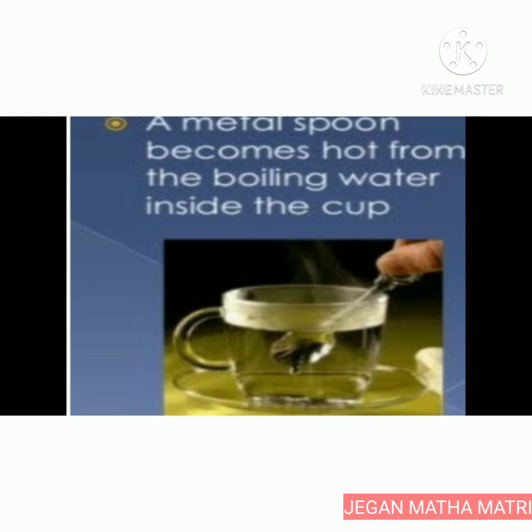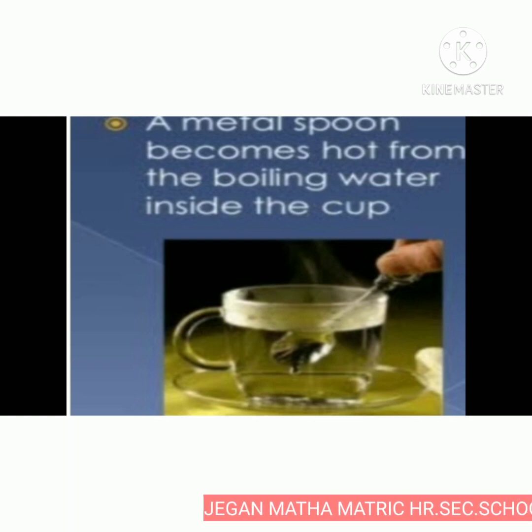In solid substances such as a silver spoon, atoms are arranged very closely. Hot water molecules which are vibrating transfer the heat energy to the atoms in the spoon and make them vibrate.